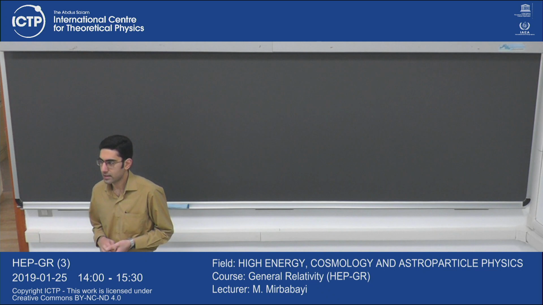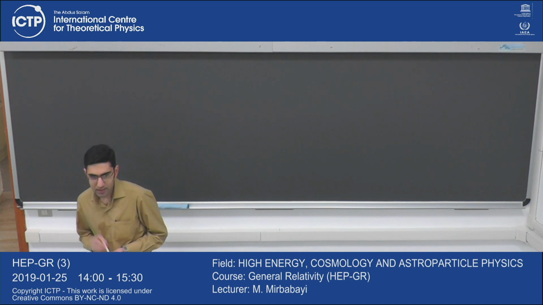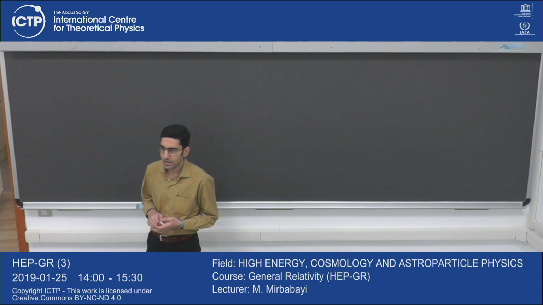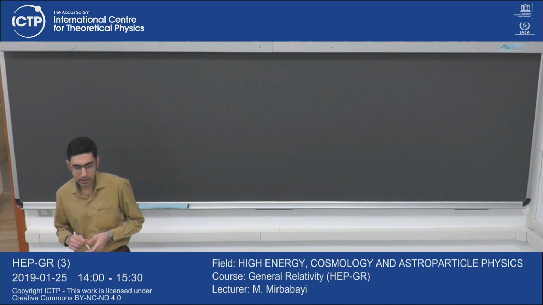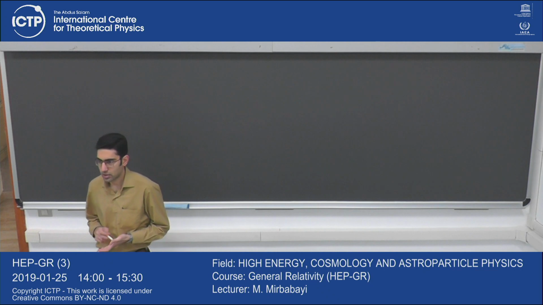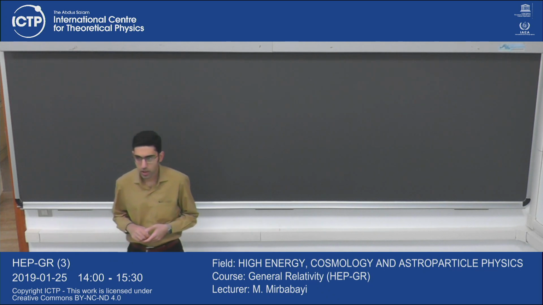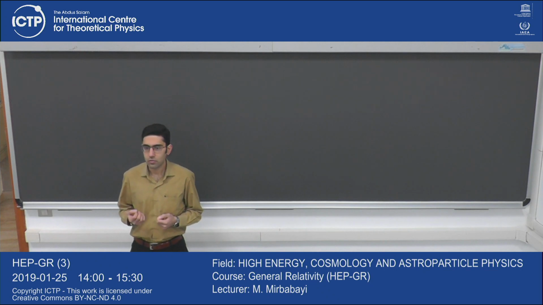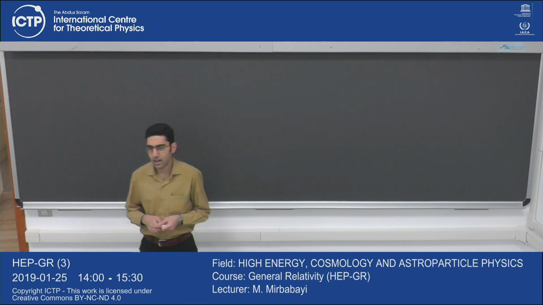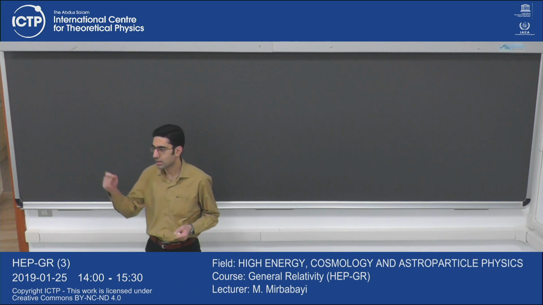Alright, today we continue the story of the point particle action by adding the electromagnetic interaction, the electromagnetic charge. Last time we studied the action for a free particle, and we saw that it moves on a straight line.